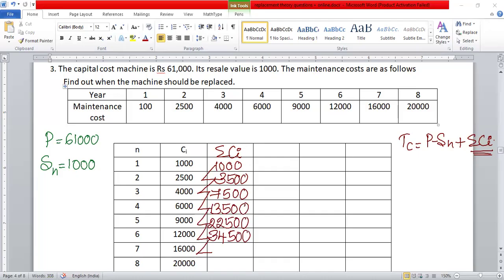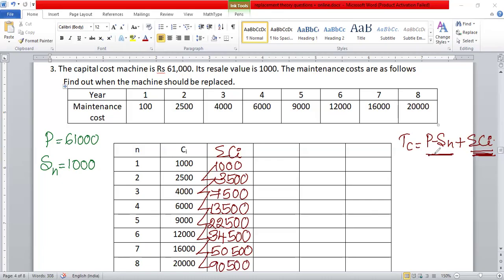Plus 16,000, so 50,500. Plus 20,000, so 90,500. Guys, first summation of CI is done.